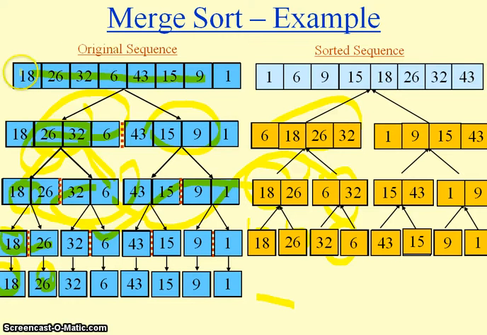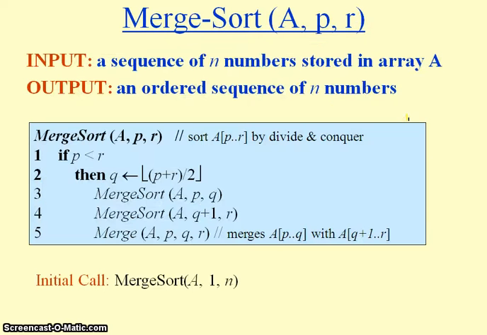So now we can see the list is completely sorted, and this sorted order is obtained by combining the sorted order of the first half with the sorted order of the second half.